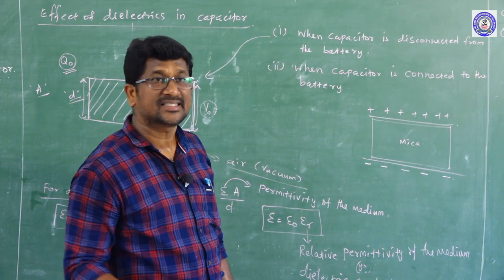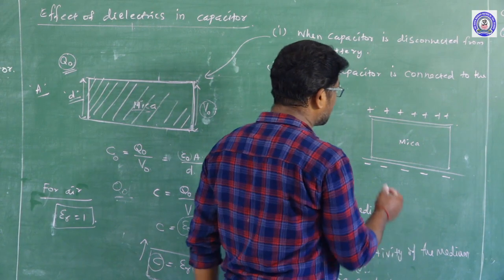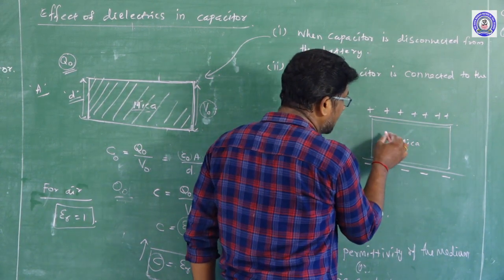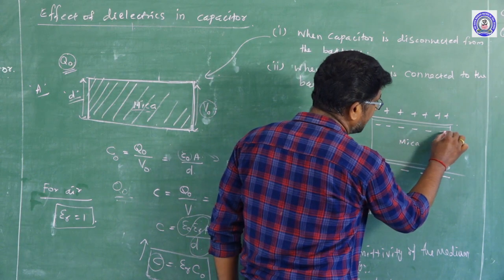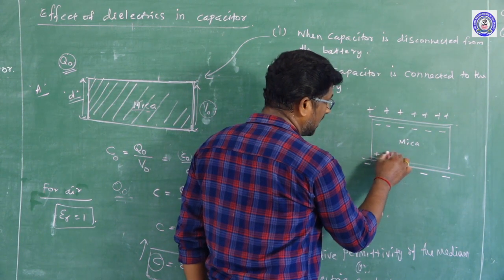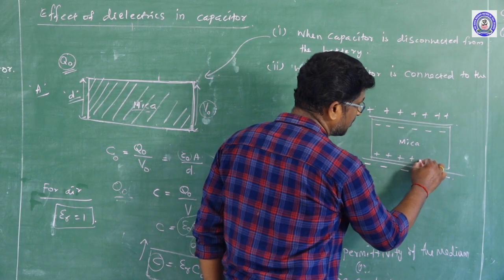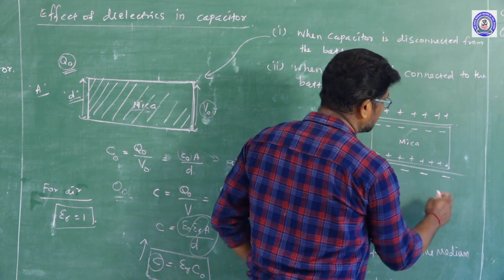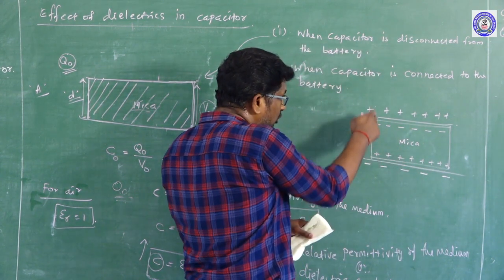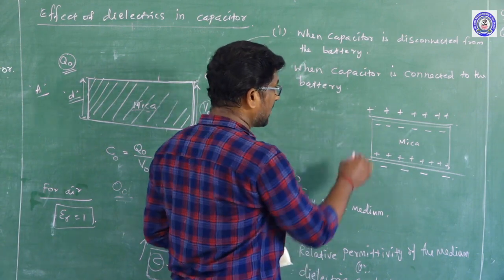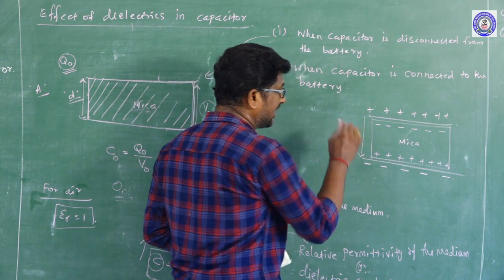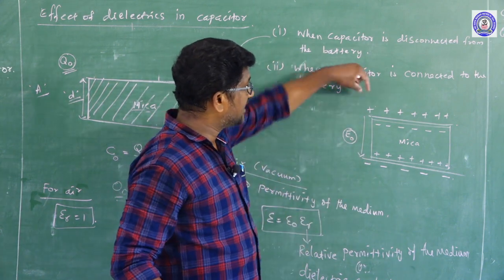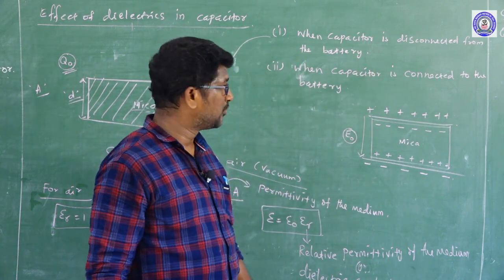It means one end of the mica material acquires a negative charge and another end acquires a positive charge. So, these two are the plates of the parallel plate capacitor, which already provide an electric field of E naught, directed from the positive plate to the negative plate.